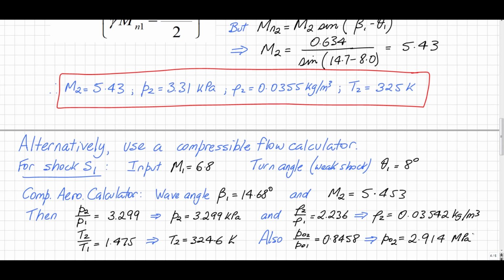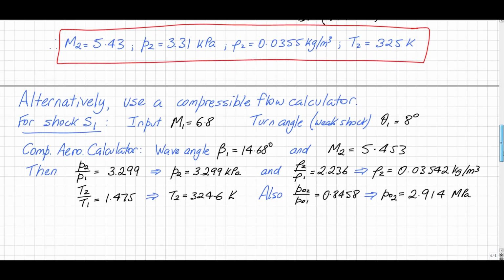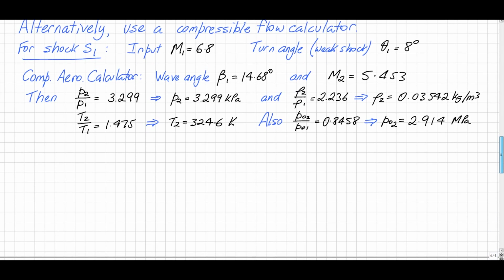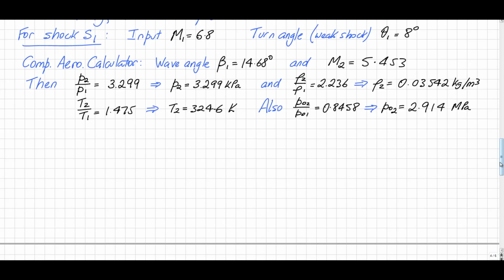So we can now move on to look at what happens across the second shock wave. I'll just slide the screen down. So we want to look at shock wave S2, and the conditions for the flow upstream of that shock are going to be the conditions that we've just obtained for the flow downstream of the first shock wave.